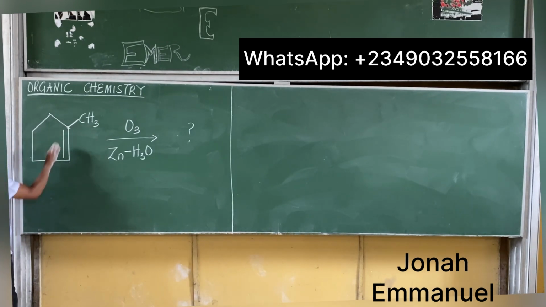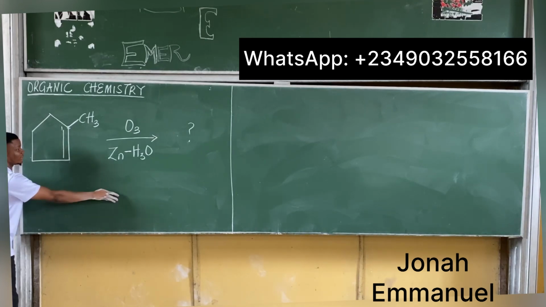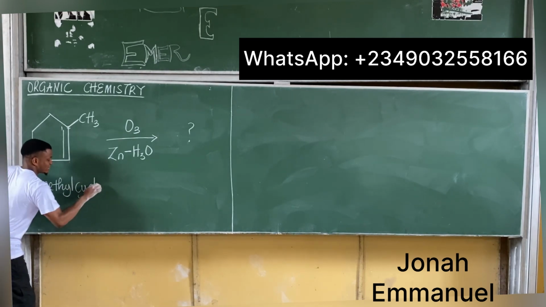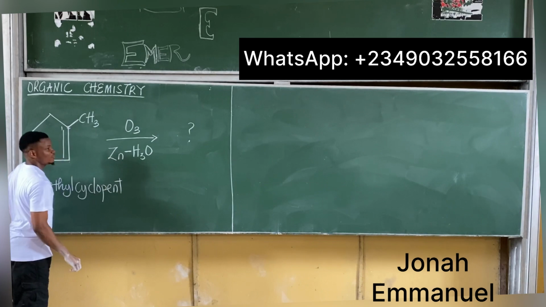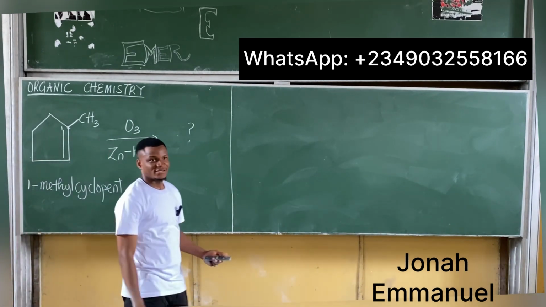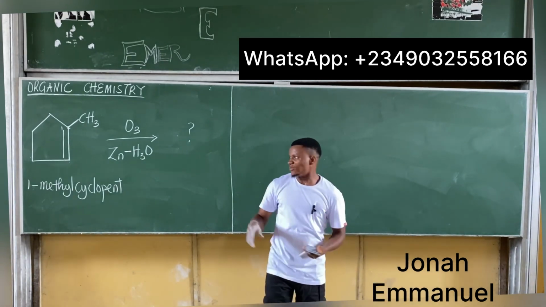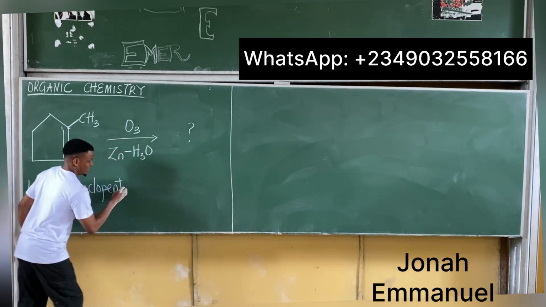So you start the numbering from here, and it becomes 1-methylcyclopentene, or if you want to stress it, 1-methylcyclopent-1-ene. Should we use pentene or pent-1-ene? They're technically the same thing. But fine, let's use 1-ene.